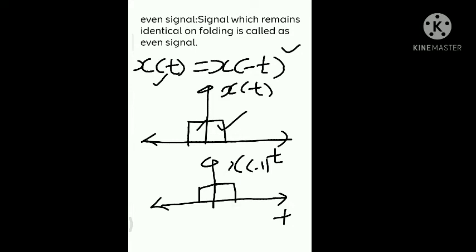So when you observe these two waveforms, that means x(t) and x(-t) both are the same. So this is an even signal. In short, we can say that if you are seeing the same picture on the positive as well as the negative side of the t-axis, then that is the even signal.